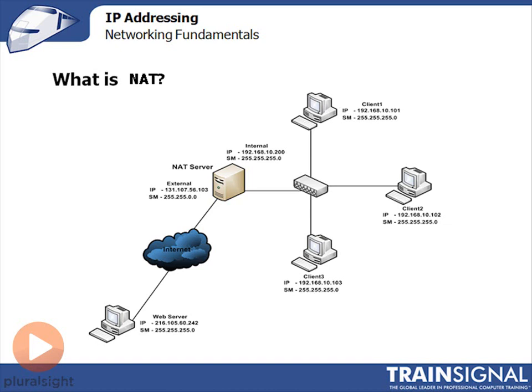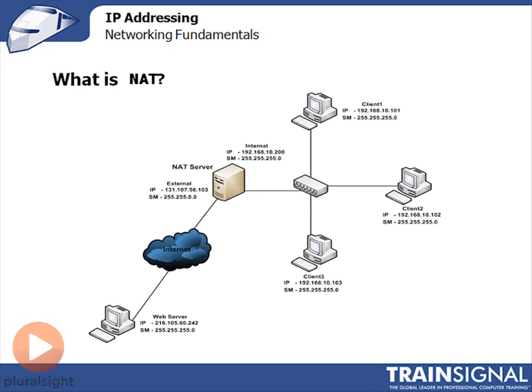That NAT server will then take that transmission, the packet of information, the request for the website, and it will change the source IP address from 192.168.10.101. It will change it to its own external live IP address of 131.107.56.103.